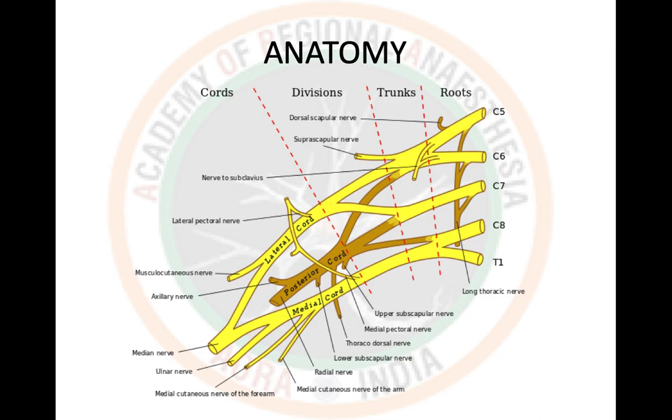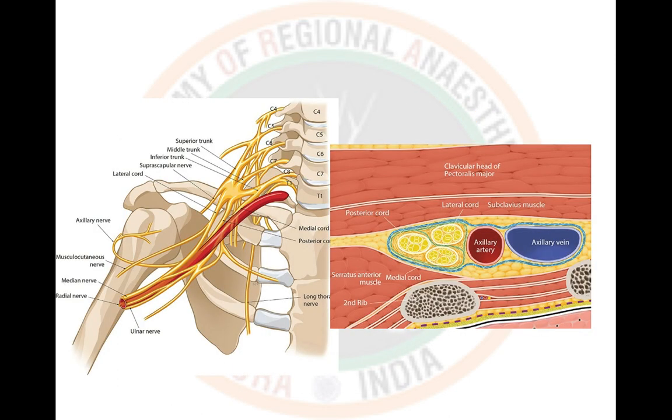So you can do most of the surgeries with a supraclavicular block. If you go further down at the level of cords below the clavicle, if you give the block, it becomes your infraclavicular block. There are different variants of infraclavicular block and you can do it at different levels.